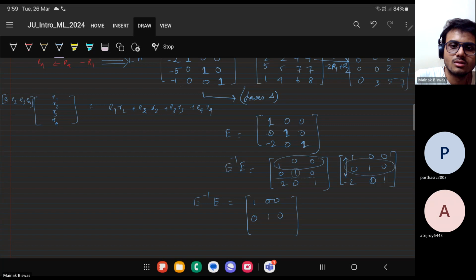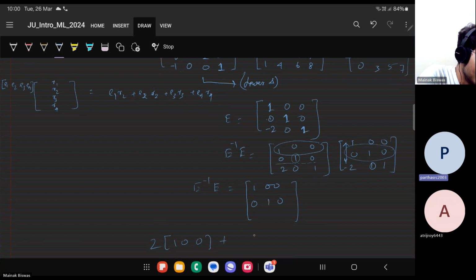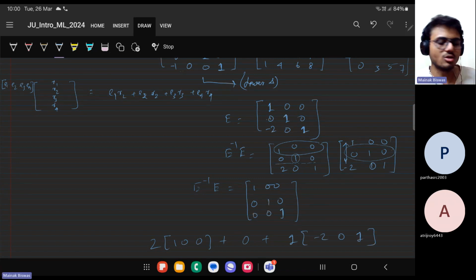Then the third one, 0, 0, 1. Why 0, 0, 1? 2 into 1, 0, 0, plus 1 into minus 2, 0, 1, is equal to 0, 0, 1. Understood?